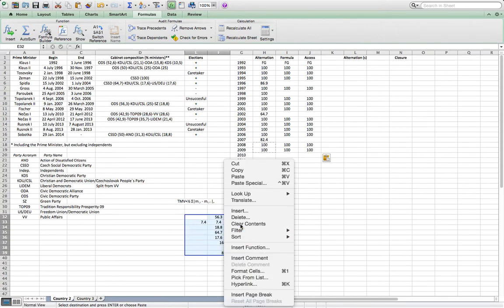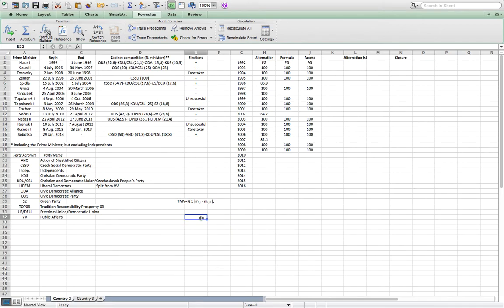Once again, we do what we already know. We have to compare ODS, 42.9 in 2010 minus 56.3 in 2007, and obviously use absolute numbers. Because the other parties were not in both 2007 and 2010, we just simply take into consideration their percentage of ministers, because it will be minus 0.